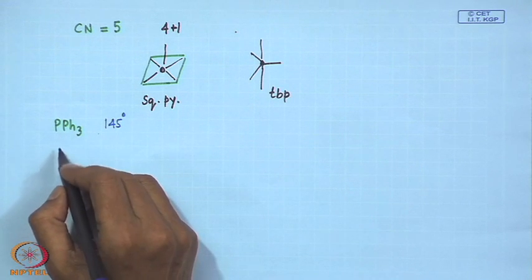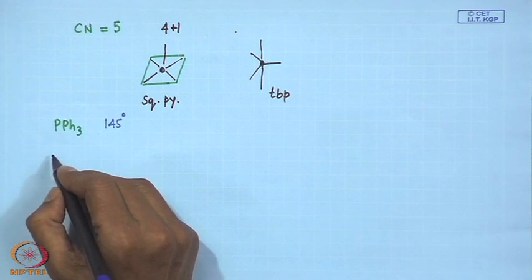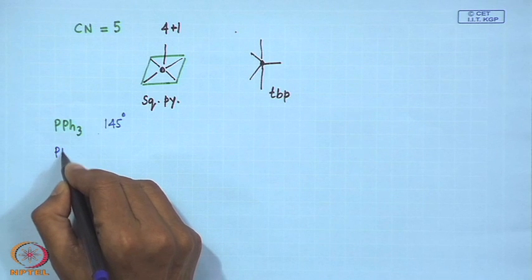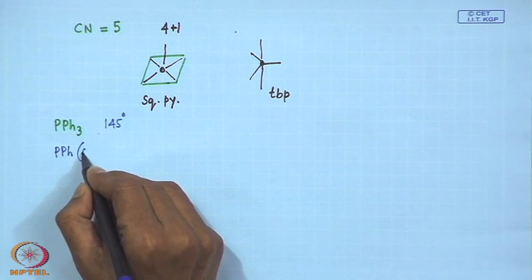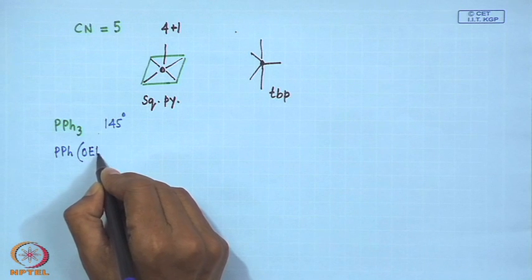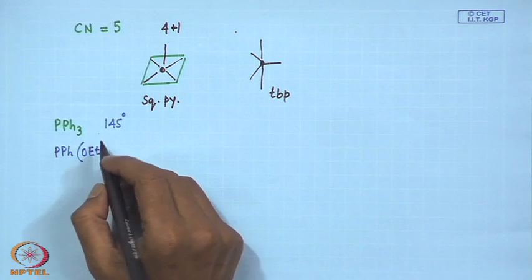So, we can substitute this triphenyl phosphine group, say, 2 of the triphenyl phosphine groups can be substituted by OEt group.